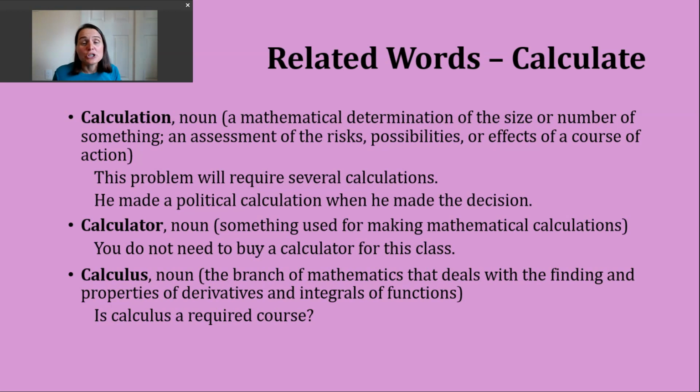A second way to use the noun calculation is to refer to an assessment of risks, possibilities, or effects based on a particular action or a course of action. An example of this could be, he made a political calculation when he made the decision. This is something I feel like we hear a lot of our government leaders doing, particularly when they are elected officials.